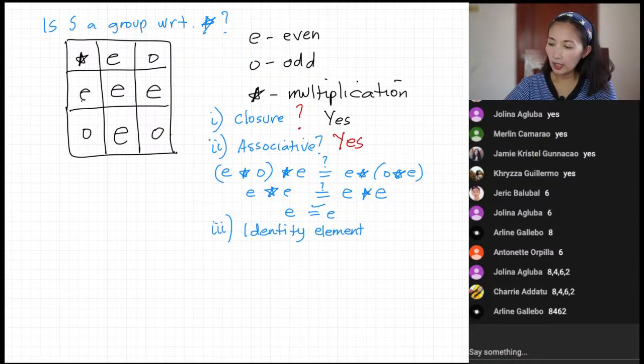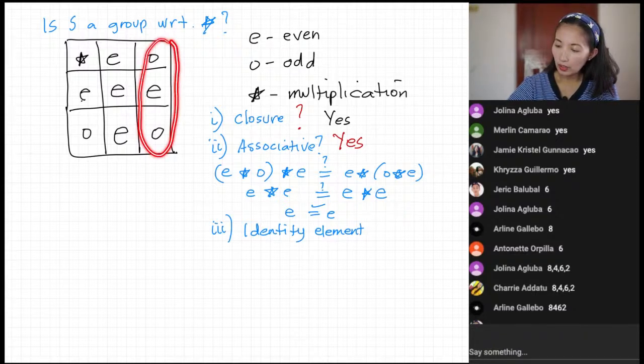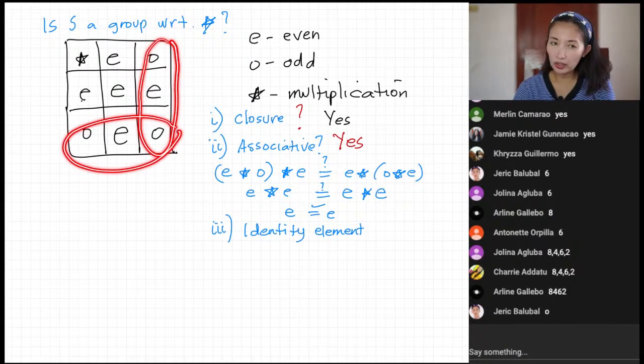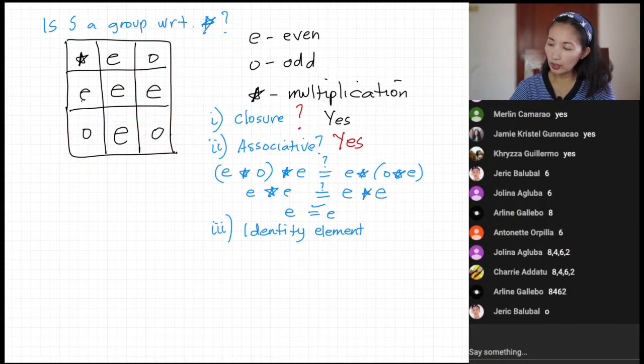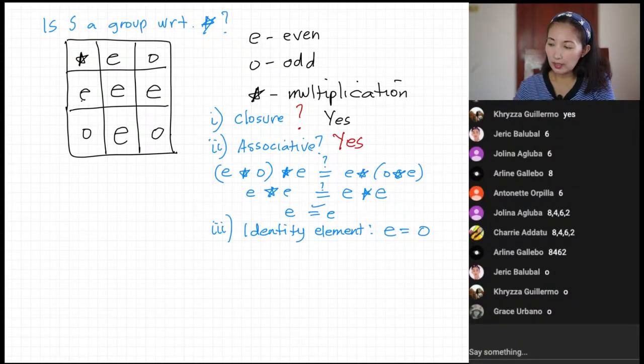I'd like to bring your attention to this. Hindi E. So isa lang nakakuha sa inyo. The identity element is O, it's not E. The identity element is O.